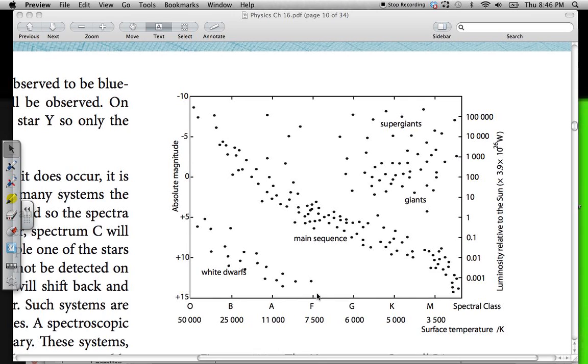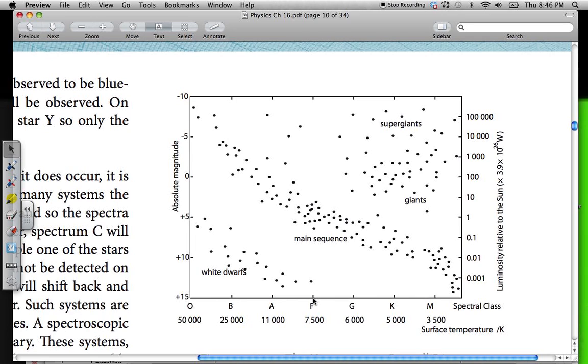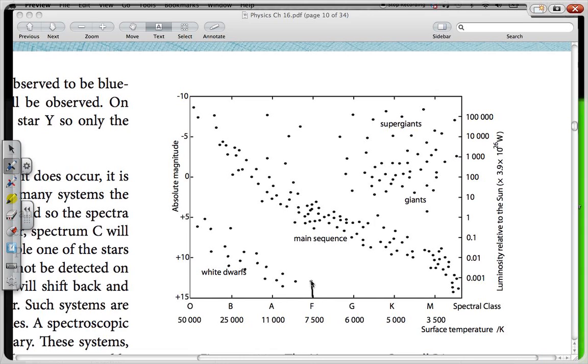And from that, say if they get a star like this, they say, well, it's about 7,500 Kelvin. They can go up here and they can say, well, we're about over there, and therefore we have a luminosity of about just above. This is actually about 5.